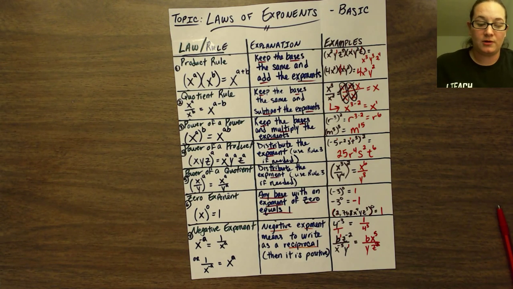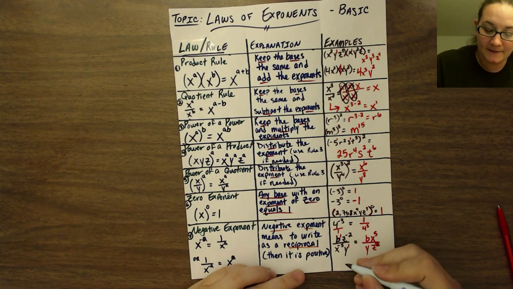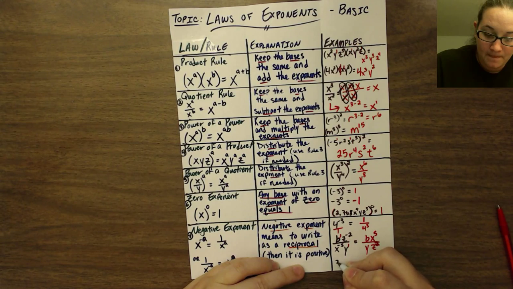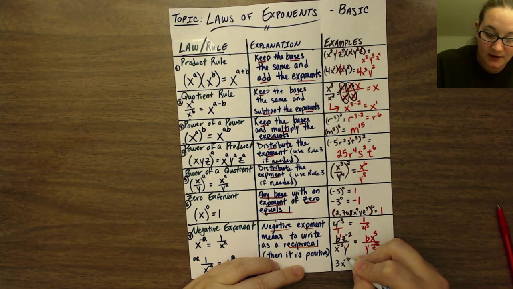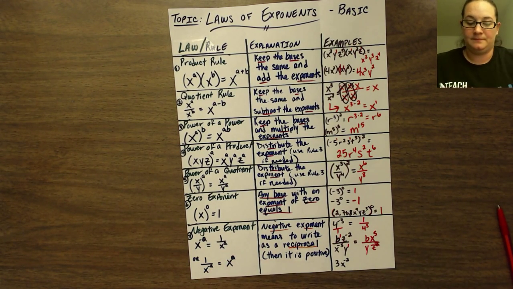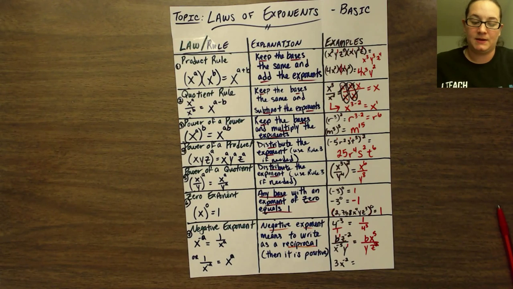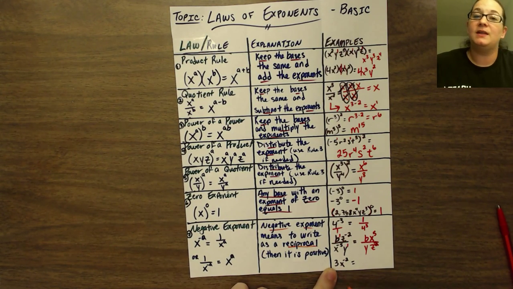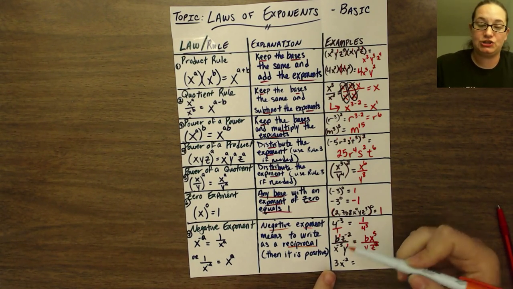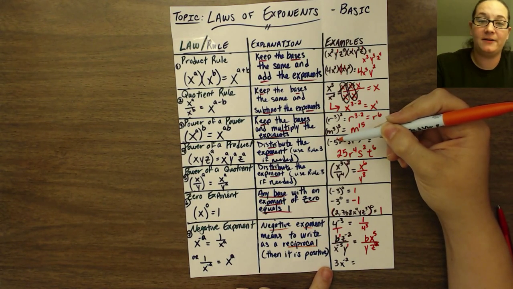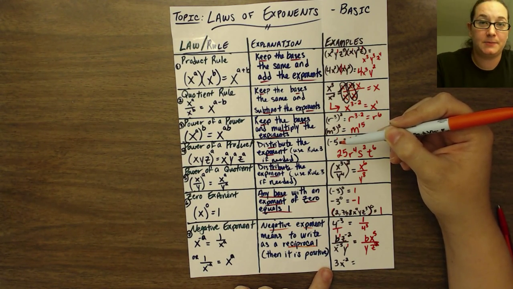As one more example, if I had 3x to the negative 2. I've seen students get this one wrong, so I want to make sure to mention it. Again, just like when we were talking about this 5 up here, the 3 has an exponent.